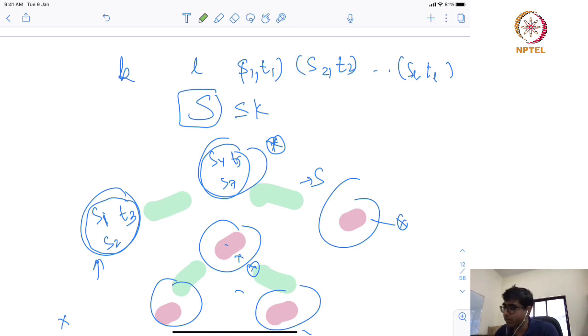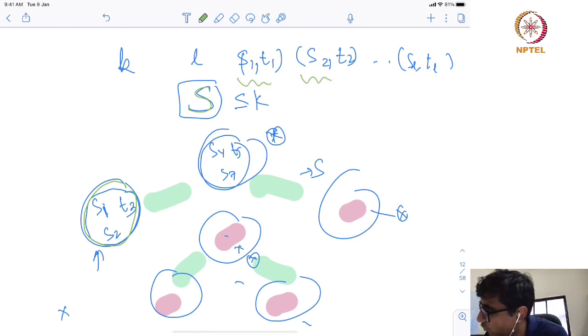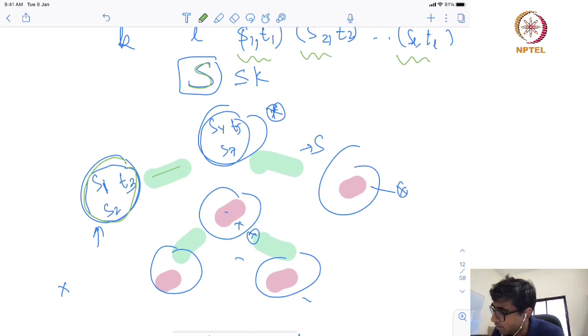So basically, imagine that you have this set S and you have the S1 T1, up to SL TL pairs. Once you delete this, maybe there is a connected component which contains S1, T3, S2, S4, T5, T7, and so on and so forth. So after I delete this, the set of terminal pairs S1 T1, S2 T2, up to SL TL gets distributed. And this is the green color, your edges of S. What is the property of this?